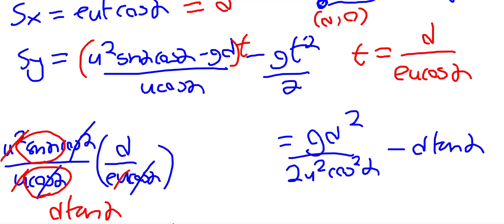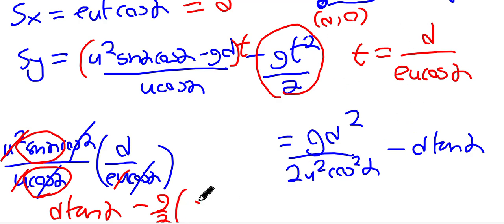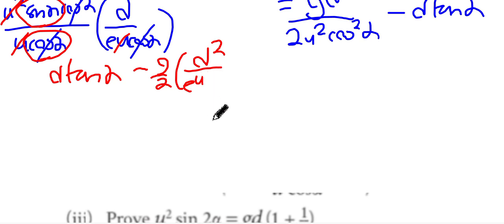Not too bad. Now I've got to do g t squared over 2, don't I? So I have to square this and multiply it by g over 2. So g over 2, square that, and I get d squared over... Sorry, what is it? EU squared?